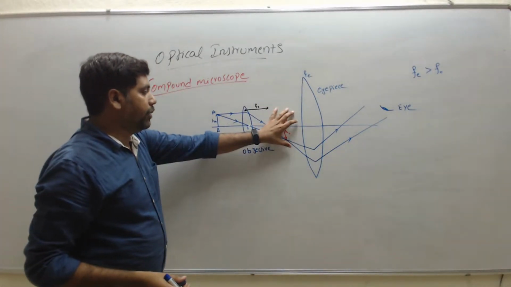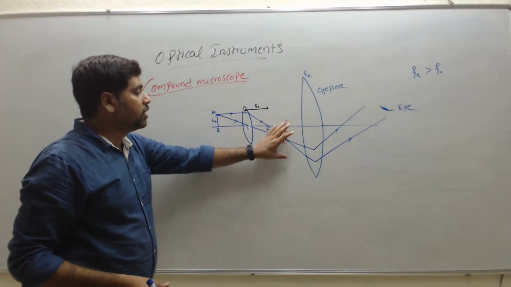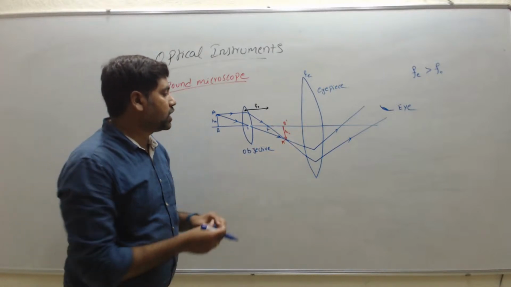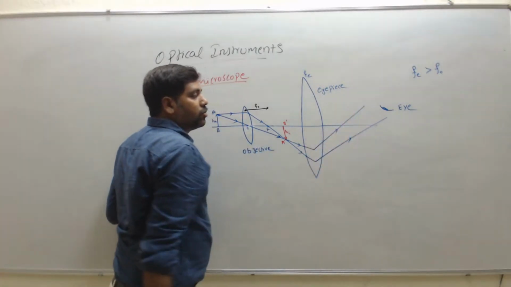A dash B dash acts as a virtual object, and the rays coming towards the eyepiece get refracted to the eyes.